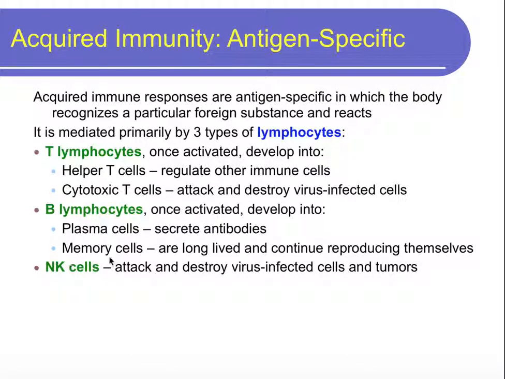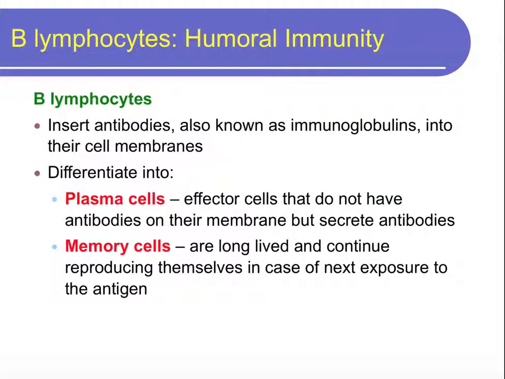Memory cells will stick around and remember. These are long living and they can reproduce themselves, and they essentially remember the pathogen. Remember that our immune system has specificity and it has memory. This is where the memory comes in. B cells can also turn into plasma cells, and plasma cells are the cells that actually make our antibodies, and antibodies are quite important in the immune system.